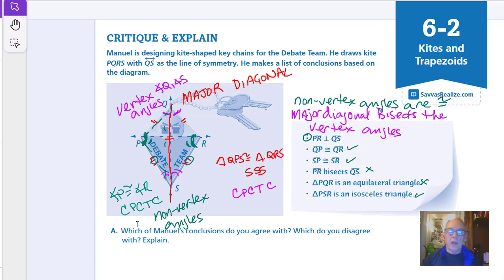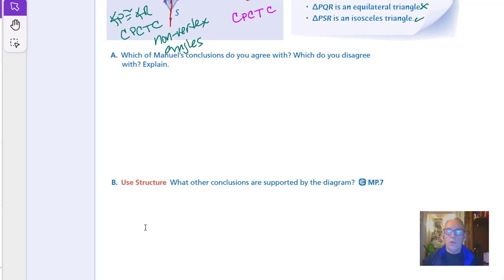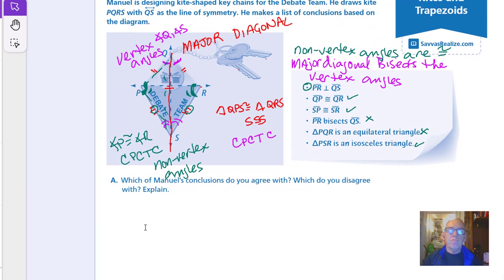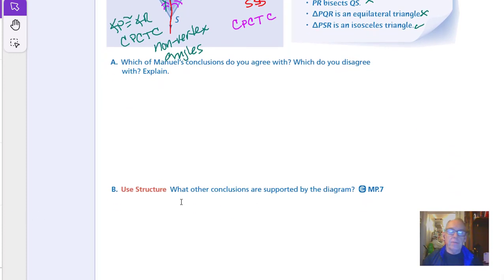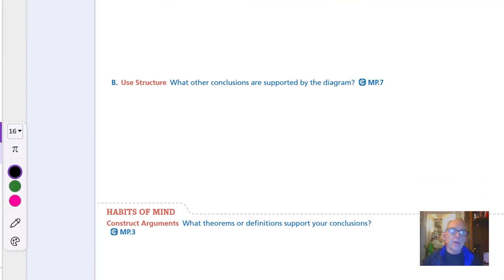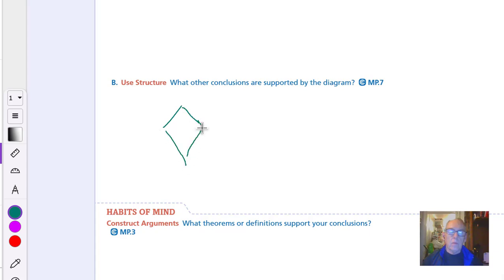Okay, that's part A. What other conclusions are supported by the diagram? We still need to talk about this right angle part here. So I'm going to draw a kite. It may not be to scale, but I'm going to mark it as a kite. So we have the consecutive pairs of congruent sides. And before, we had this major diagonal, which gives two congruent angles here.